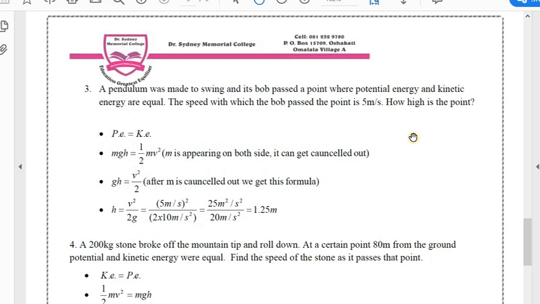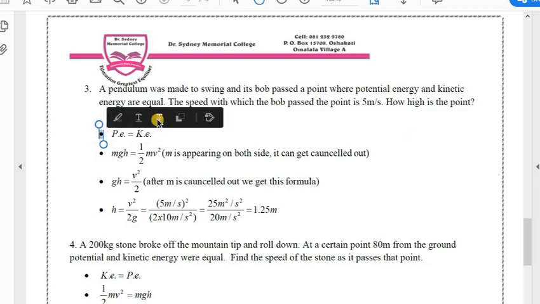So a pendulum was made to swing, and its bob passed a point where its potential energy, PE, is equal to its kinetic energy. The bob is that little ball that you put on a pendulum. Google it.